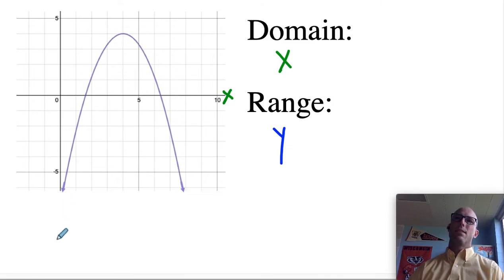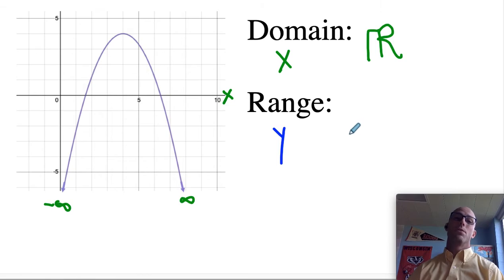It's also going to continue going to the left forever. Now it's maybe going to straighten out a little bit if you think of it that way. It's not going to go too fast to the left, but it is going to go to the left forever to negative infinity. And for similar purposes, it's going to go to the right forever. So this domain also is all real numbers for this graph.